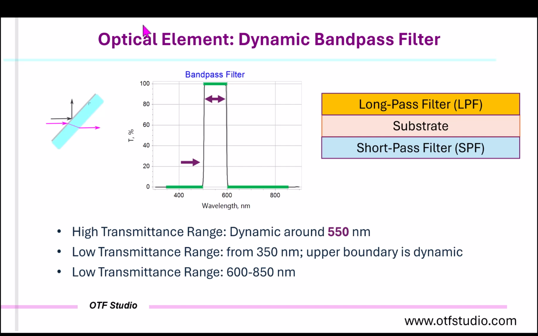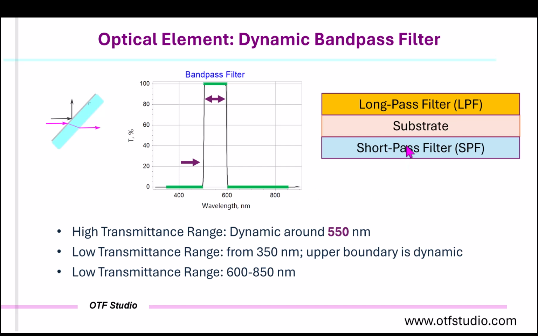The optical element which I would like to design should exhibit a high transmittance range, dynamic around approximately 550, and two low transmittance ranges. One is from 350 and the upper boundary will be dynamic, and another low transmittance range is from 600 to 850.